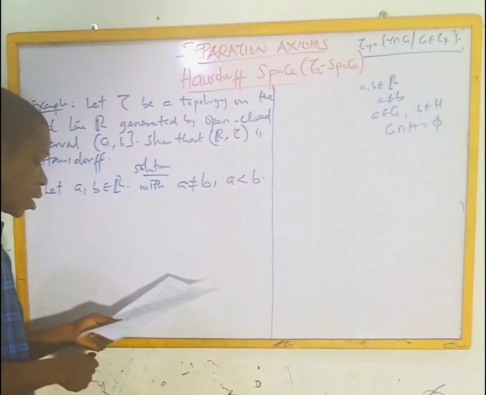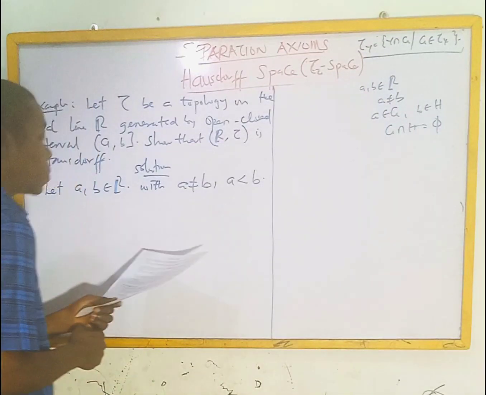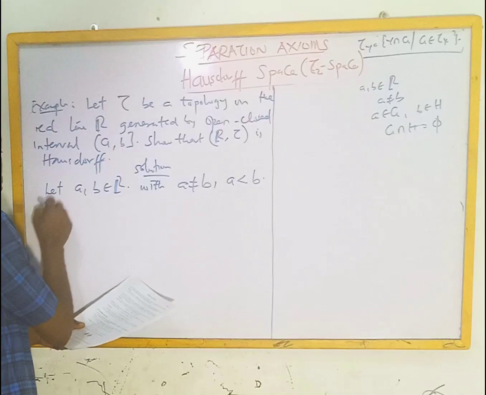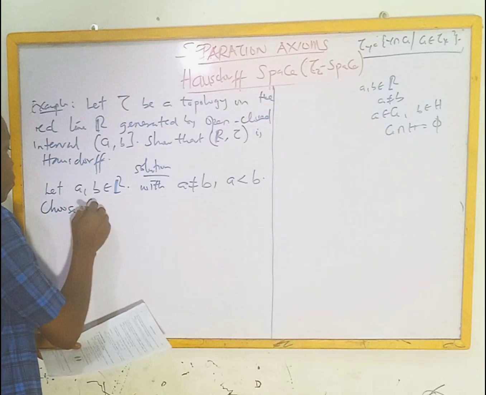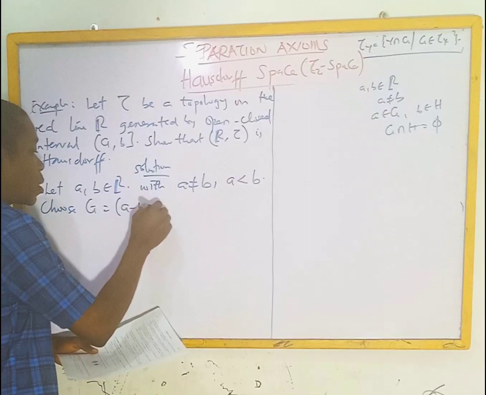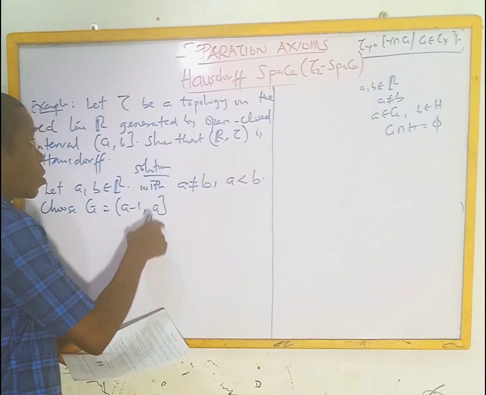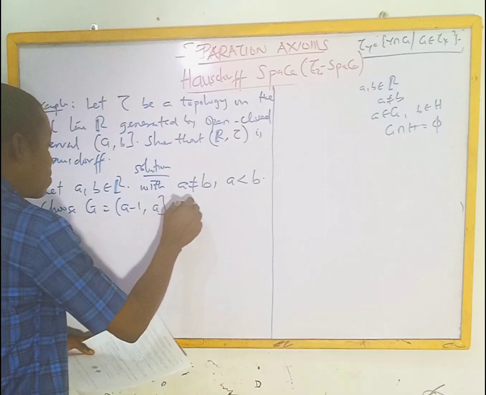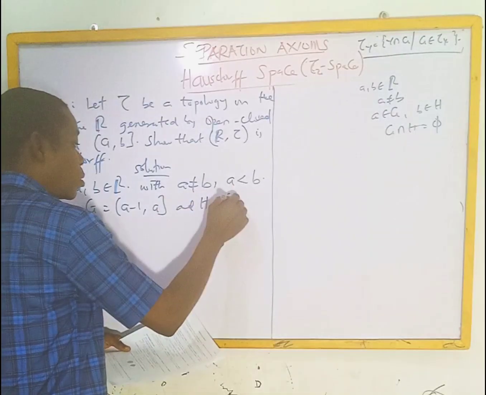So from this interval now, let me choose an open set G. Let's call it (A minus 1, A]. Open, closed, because that is how I let myself open it like that. And let my H be what?